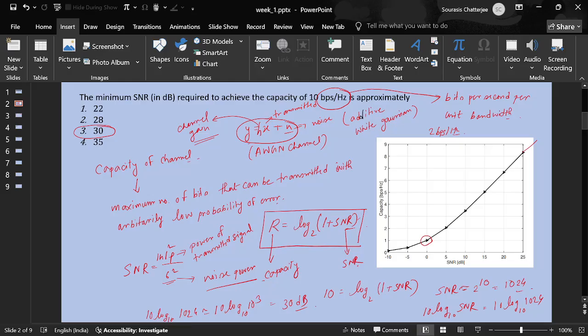Let's say I'm operating at this particular point, where my SNR is 0 dB only, so the plot says my capacity is 1 bps per hertz. But I am willing to use 16 QAM here because it allows me to transmit 4 bits per symbol. So why not use 16 QAM here? Because the channel capacity is only 1 bit and the receiver can't decode more than 1 bit if we transmit more. Correct, correct.